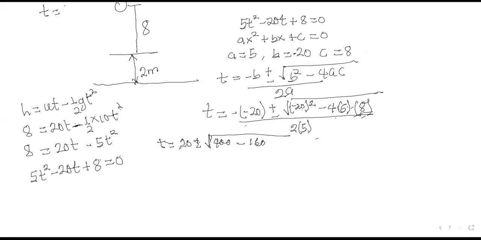So 160, all divided by 10. So we have 20 plus or minus square root of 400 minus 160, which is 240.